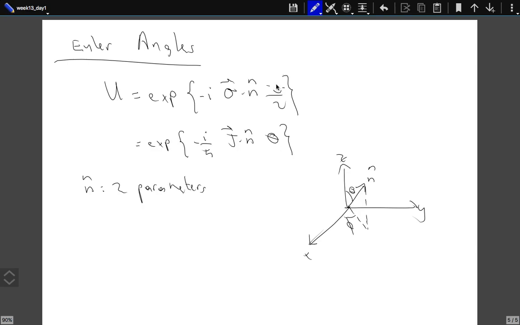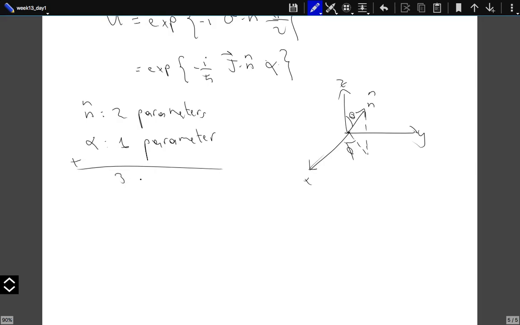Let me just change this rotation angle to alpha. So to specify the axis of rotation, I need 2 parameters. Furthermore, to specify the angle of rotation, 1 parameter. So in total, to specify an arbitrary rotation, we need 3 parameters.